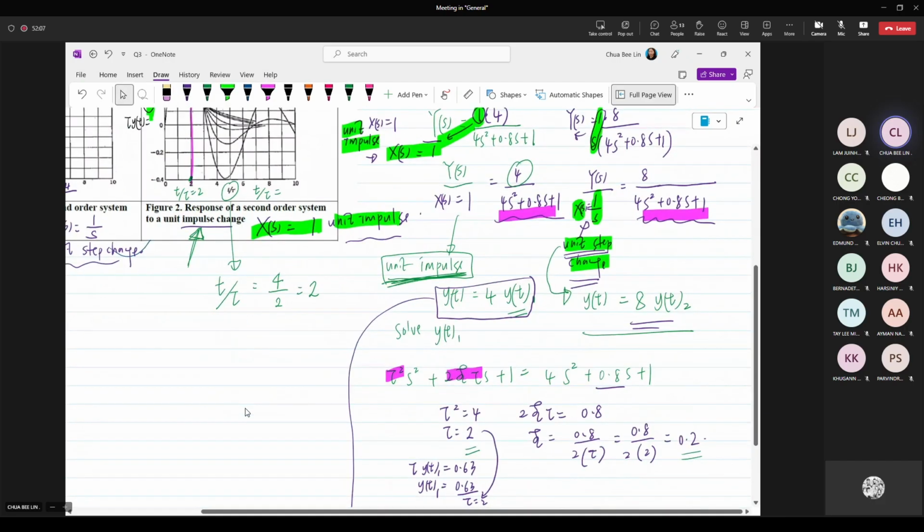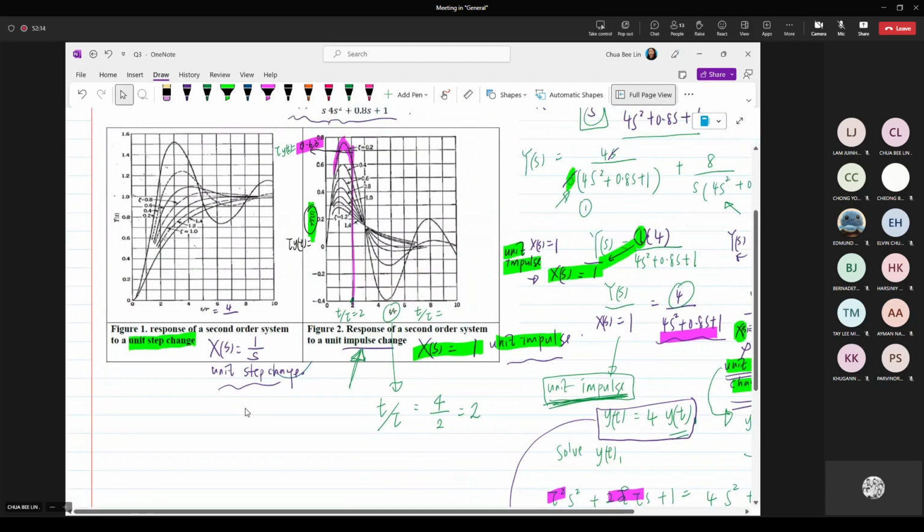So here the tau you have calculated as 2, damping factor is 0.2. T is 4 because they asked for T when T equals 4. That's why they asked Y4. Tau equals 2, so you get 2.